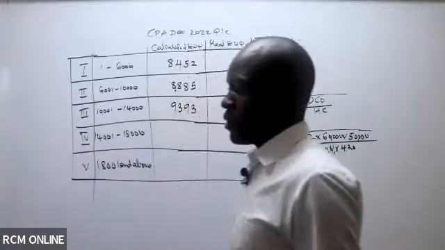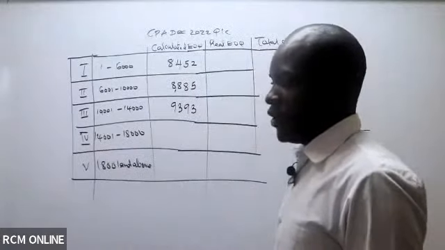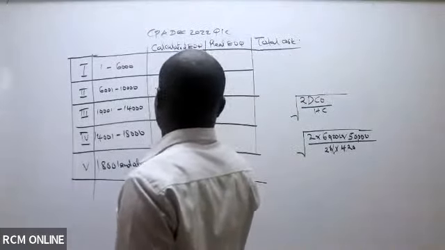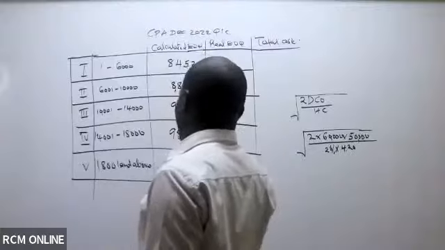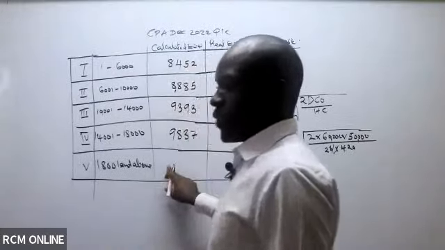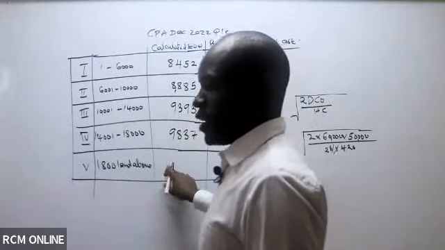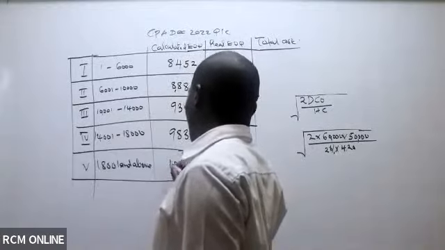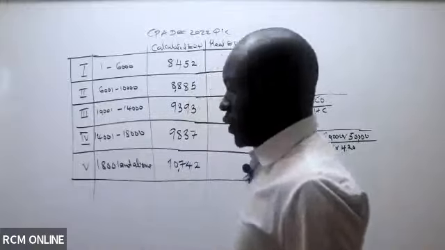Fourth range, 98.37. The last range, what are you getting? 10.742. Good. So that is what we have.